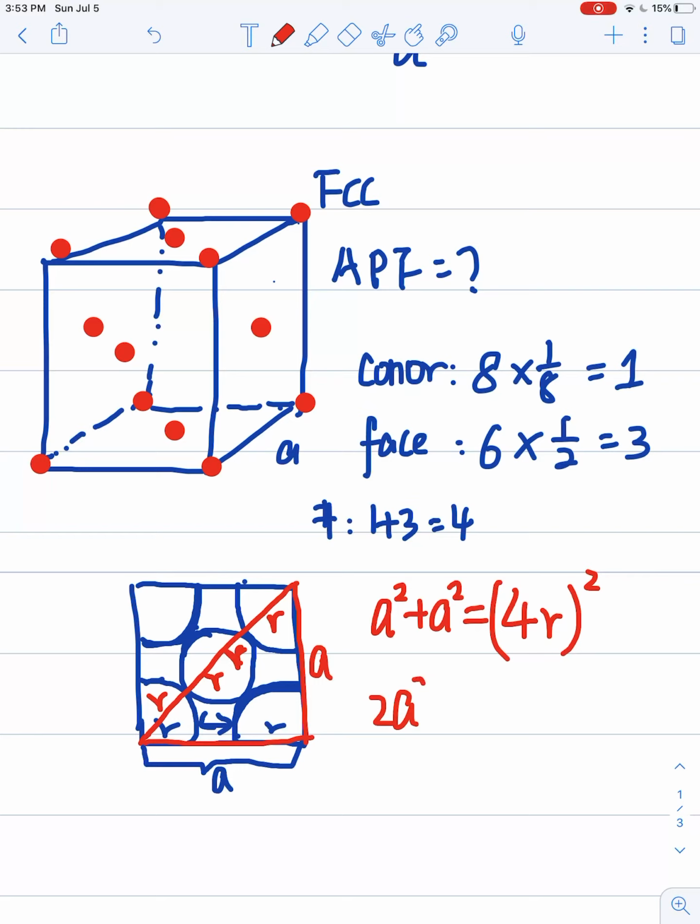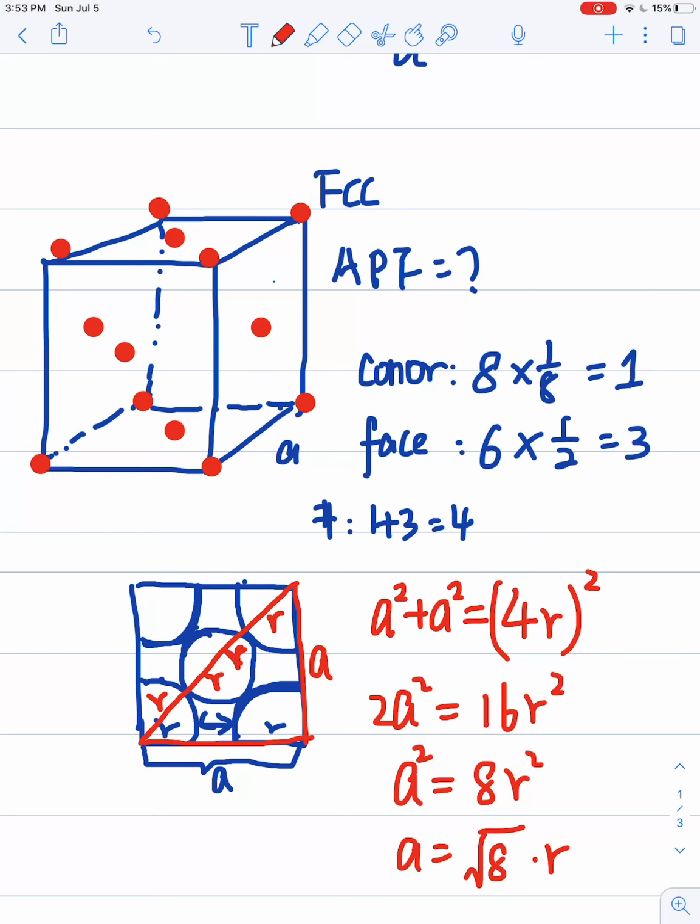We get 2A squared equals 16R squared. A squared can be written as 8 times R squared. Then you can write A equals square root of 8 times R.